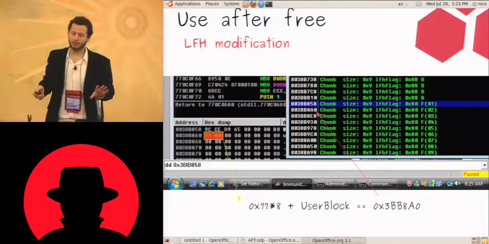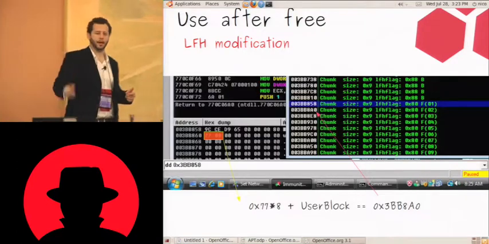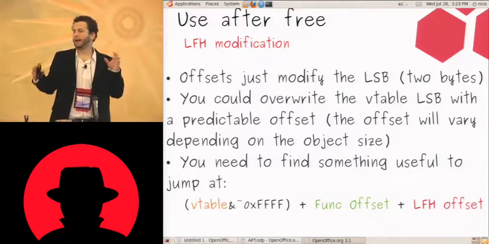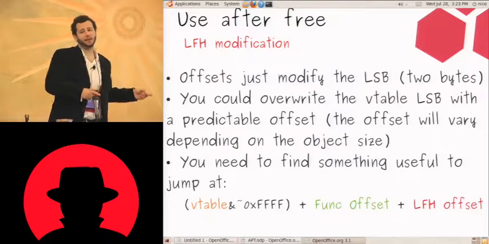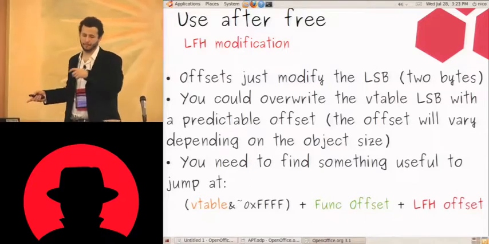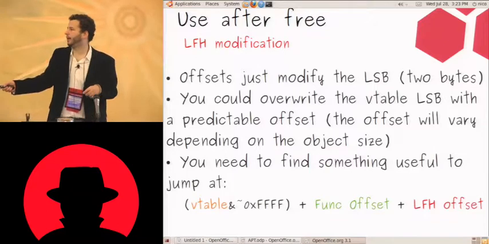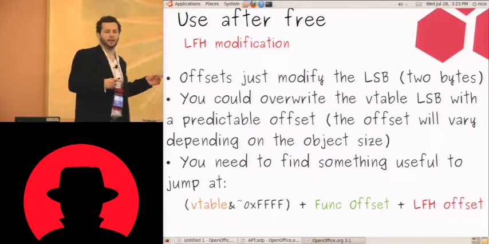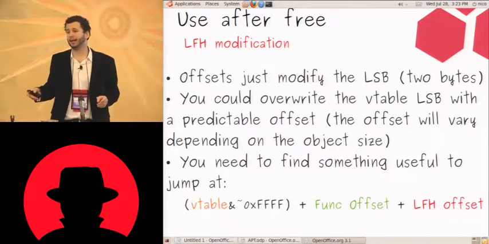So the interesting part here is that when you free a chunk which is on the low fragmentation heap, it's going to replace the low significant bytes for that object. That's exactly how it looks. So the interesting part is that the most significant bytes will be the address to a DLL, most likely.